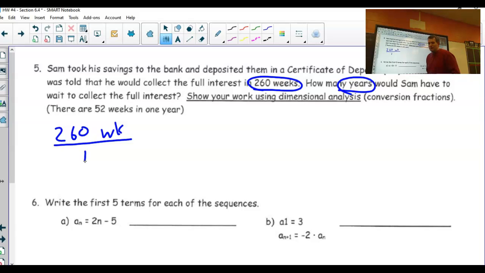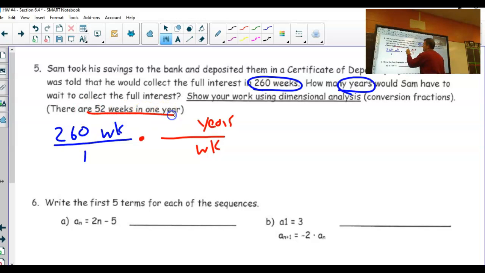And to convert that into years, I need to set up a conversion fraction that uses weeks and years. And my conversion fraction would be this fact right here, that there are 52 weeks in 1 year. So that is really just a giant 1, because 1 year and 52 weeks is the same.